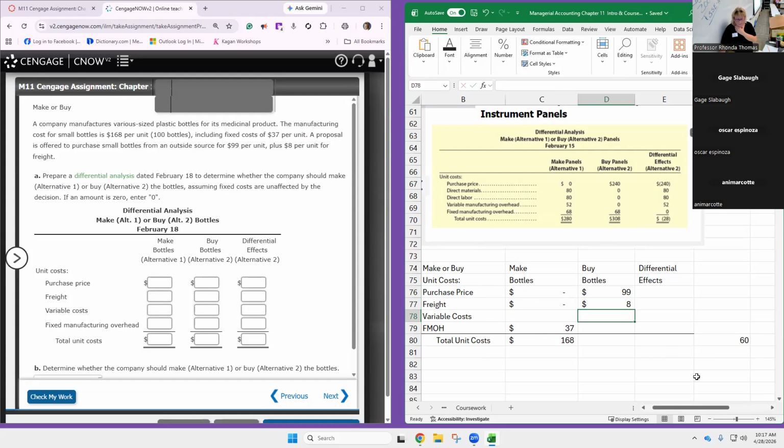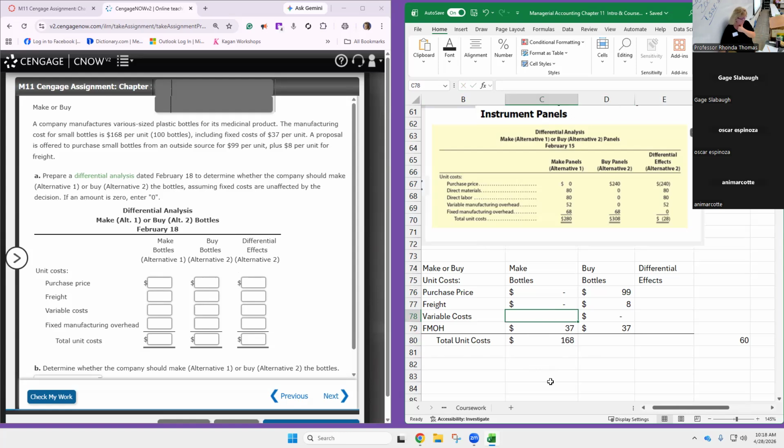All right. So there shouldn't be any variable costs if we buy bottles, right? Because that's coming from a vendor. However, fixed costs are going under either one. Okay. So now we need to come back to find these variable costs.